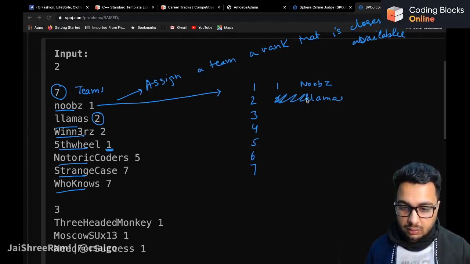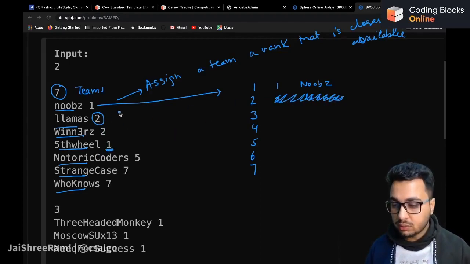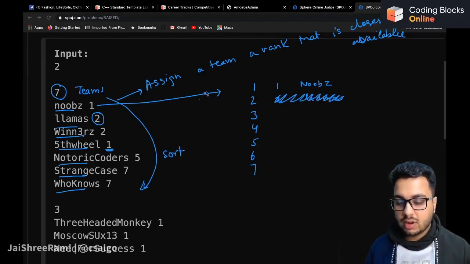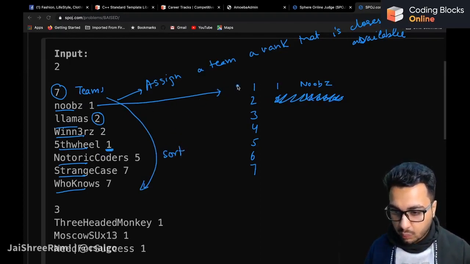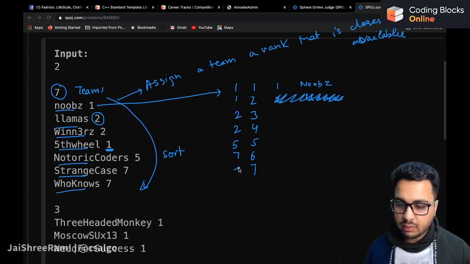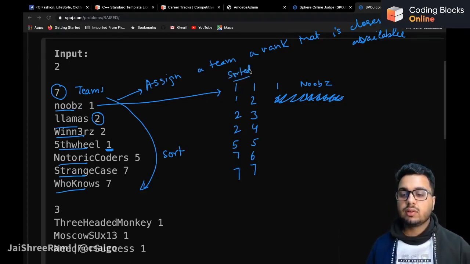So what we should do is sort these. After sorting, we get 1 1 2 2, and we have 5 7 and 7. So this is the rank list after sorting.